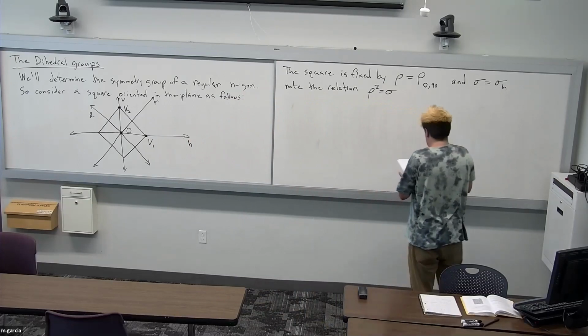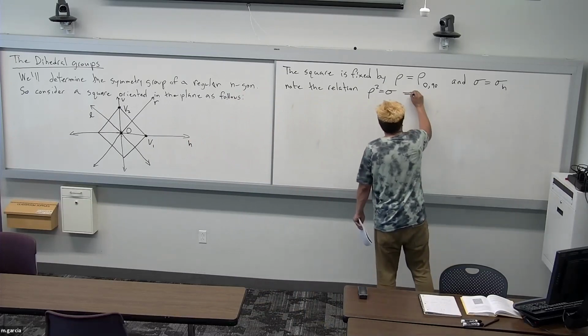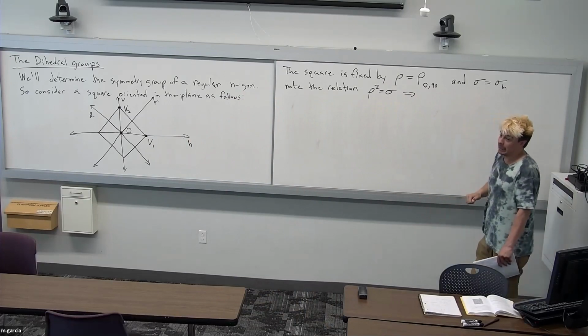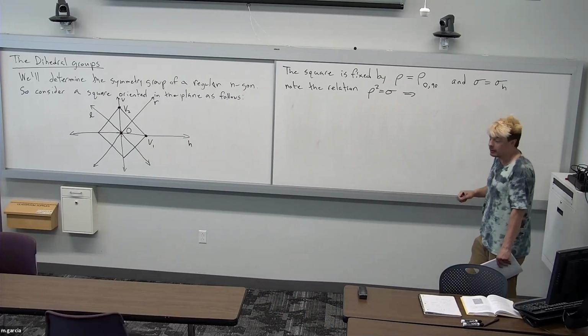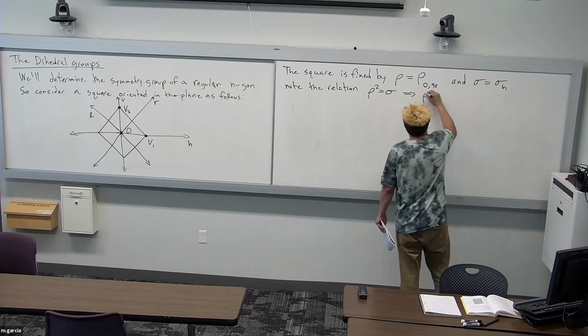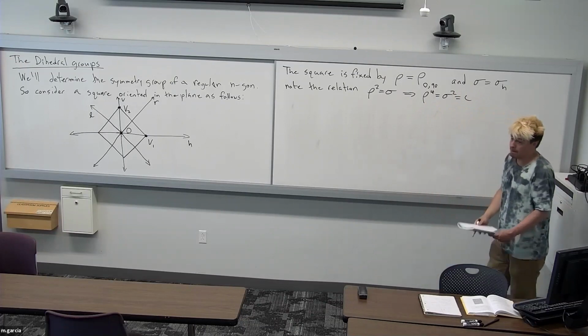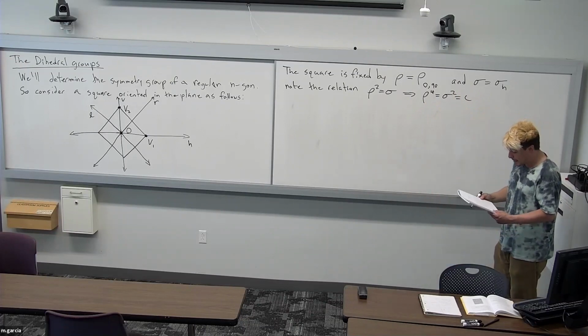Which, of course, implies, we know sigma being an involution, that rho to the fourth is equal to sigma squared is equal to iota.